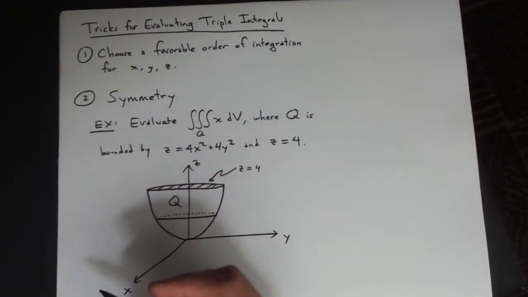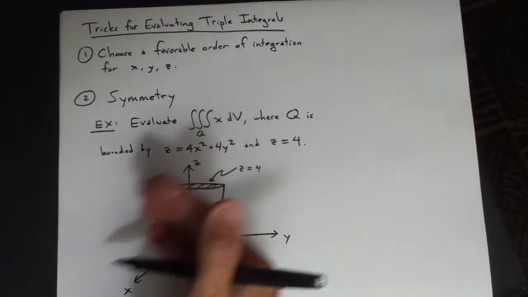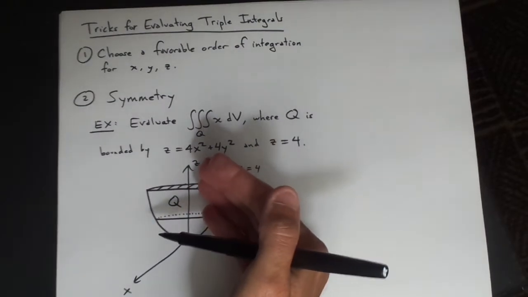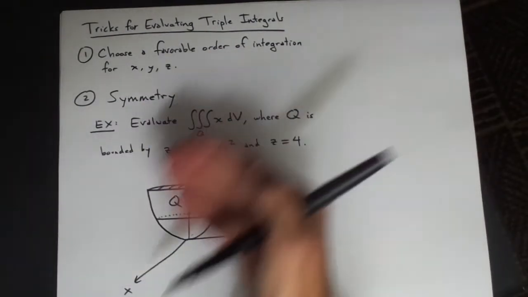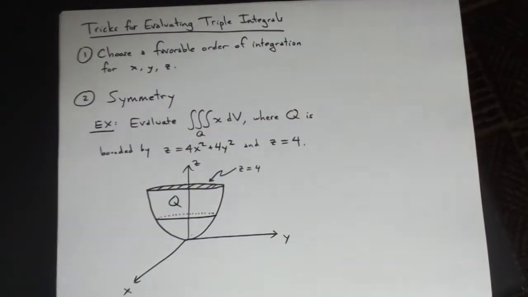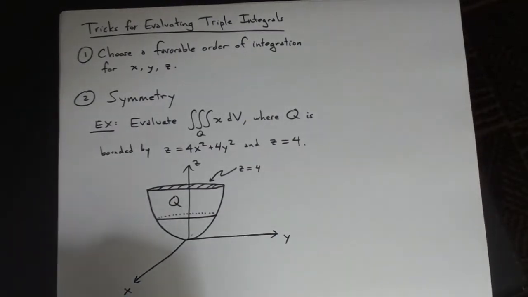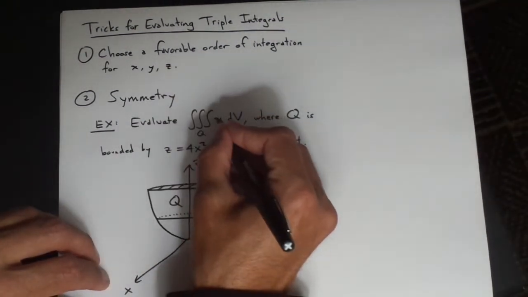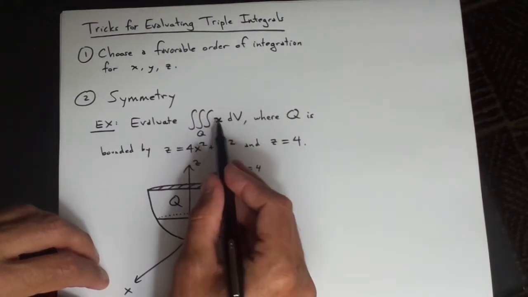Do you see that exactly half of it has positive values of x and half of it has negative values of x? The front half of the paraboloid exists in the region where x is positive, and the back half of the paraboloid has x values that are negative. Why am I looking at x? Well, look at what the function is. You're integrating the function x right here.